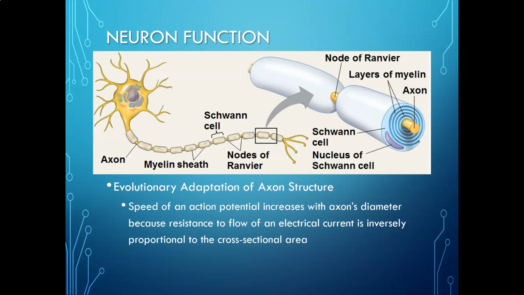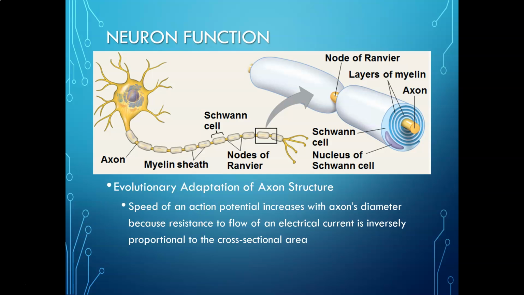And the same thing goes for different appliances. If you look at the cord to something like your washing machine or your refrigerator, they tend to be much bigger, bulkier cords because they're carrying a lot more electricity. So your neurons work the same way. It's inversely proportional to that cross-sectional area.